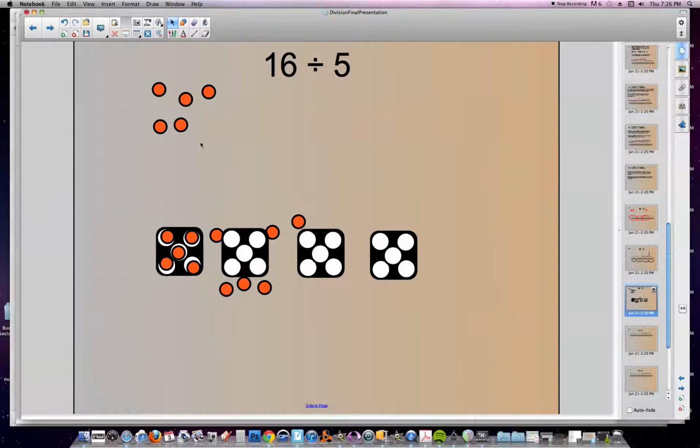Can I fill 3? I don't know. Let's find out. 1, 2, 3, 4, 5. Hey, I filled a 3rd box. I can't fill another one, so I just have this random egg over here that's the remainder. So if my boss said, how many cartons of 5 can you make with 16 eggs? My answer would be 3, but there's going to be this one remainder that I can't use.